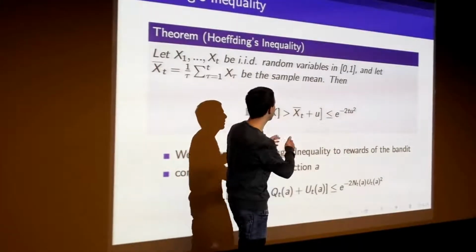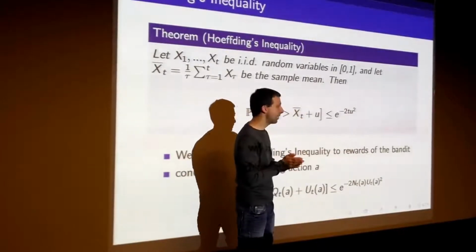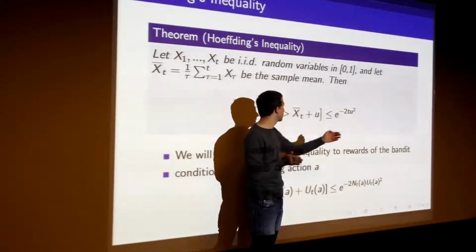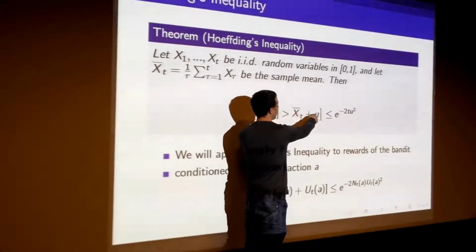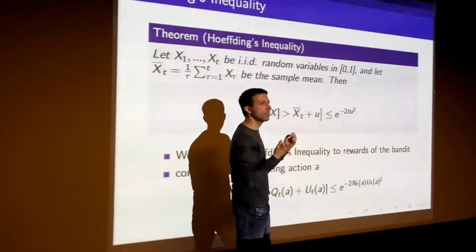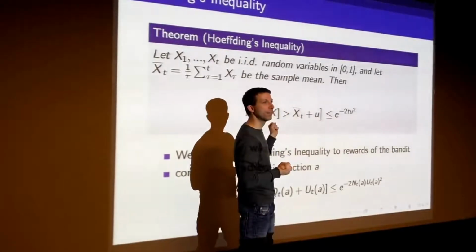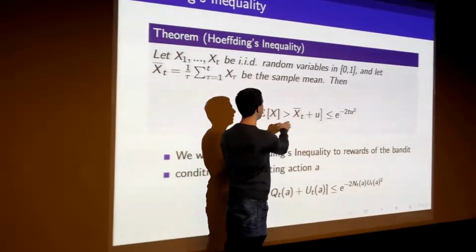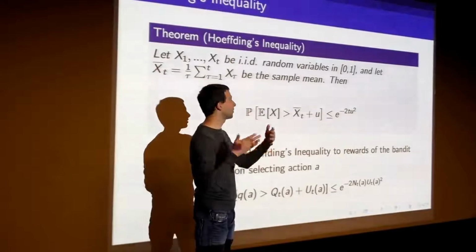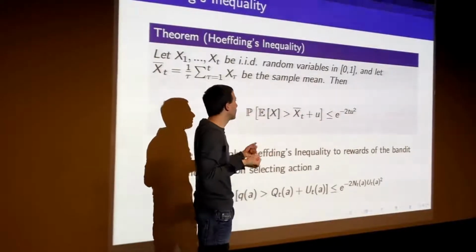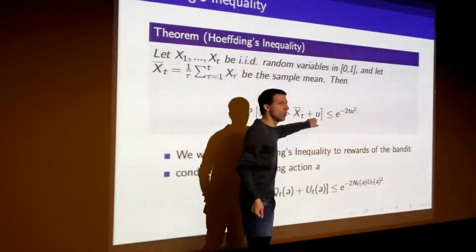What we want to know is, if we take our sample mean, that is the x bar, what's the probability that we're wrong by an amount of u in our estimate of the empirical mean? So what's the probability that the difference between the empirical mean and the true mean is greater than u? What's the probability that we're making a mistake in our estimation of this empirical mean by at least u?